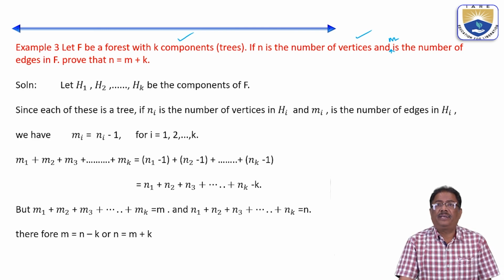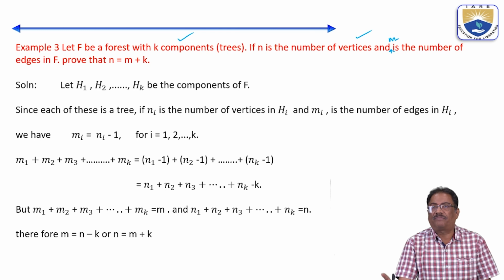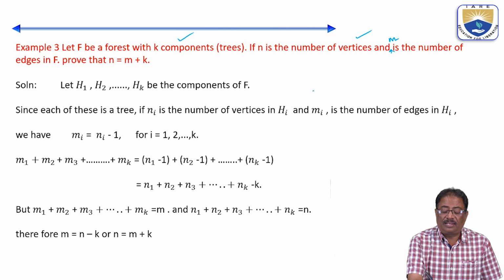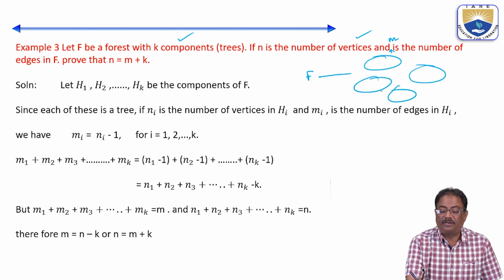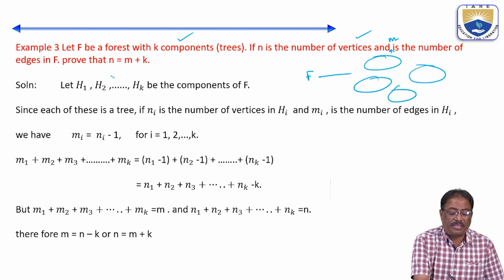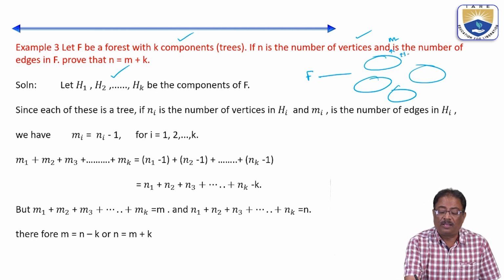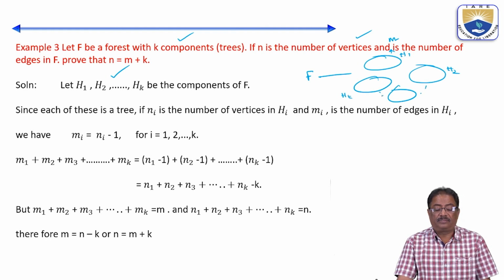So it is given that it is a forest. A forest means it is a disconnected graph, where each subgraph is known as a component. Let us say it has k components, H1, H2 and so on up to Hk.